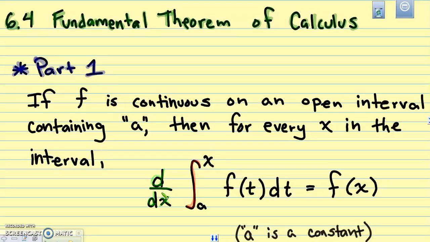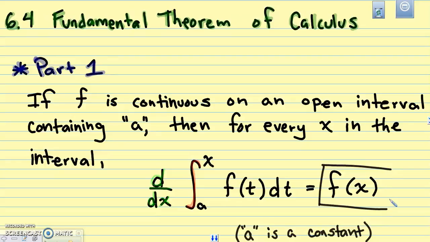The derivative and integration are inverses of each other. So if we take the derivative with respect to x of an integral from a to x of f of t dt, then we simply get f of x.